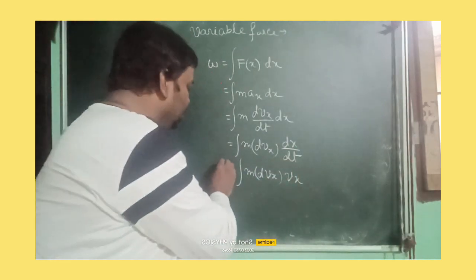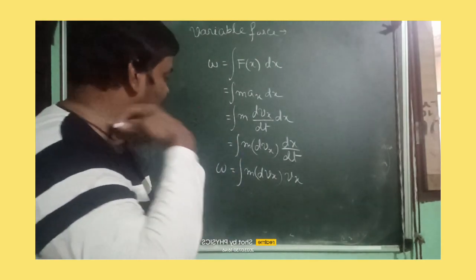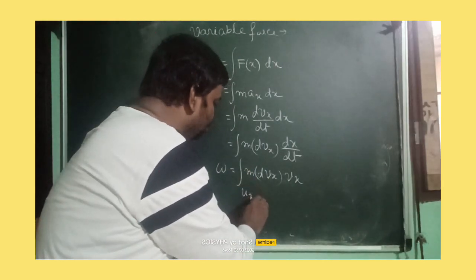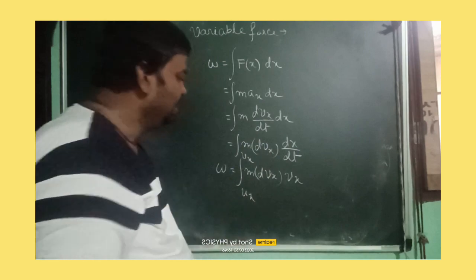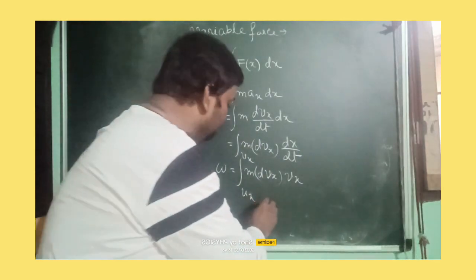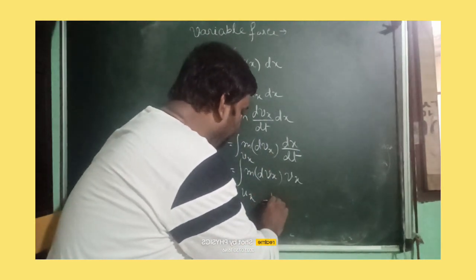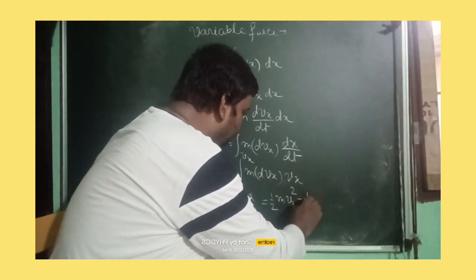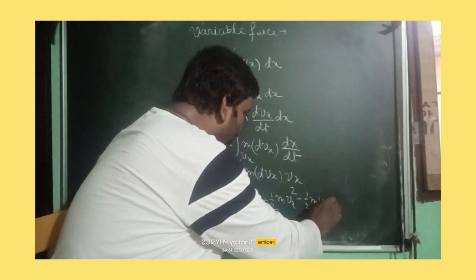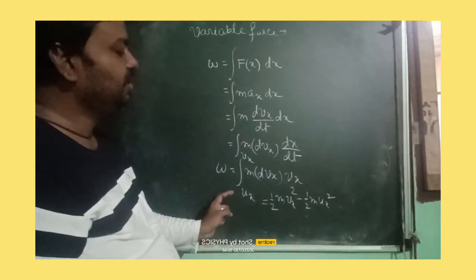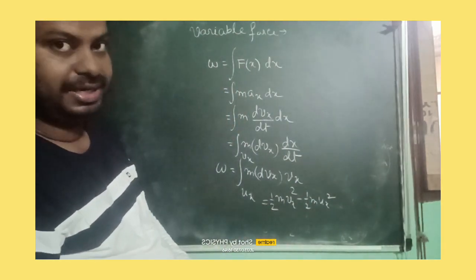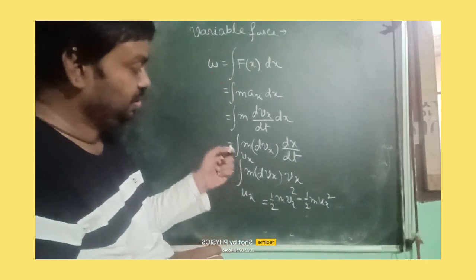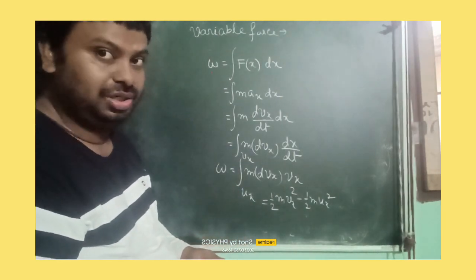Now here we consider the limit ux to vx, and after integration we get half m vx square minus half m ux square. That is, the work done is equal to the change in kinetic energy. That is the work energy theorem.